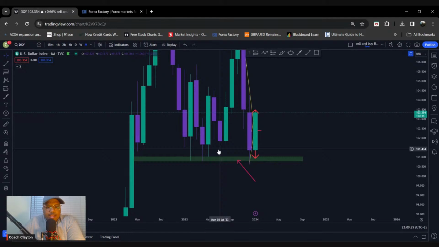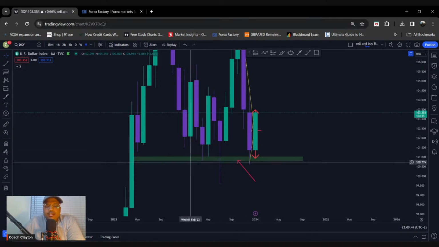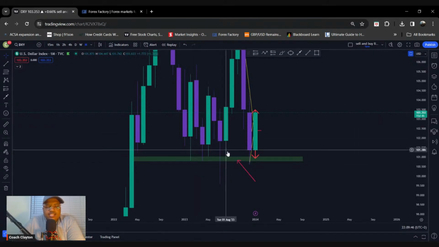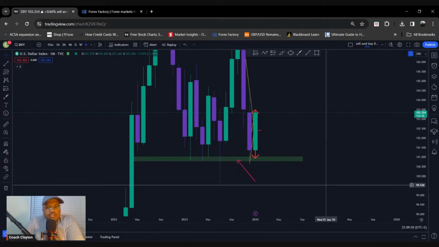If you back-test a bit, last year July, May, April, March as well, and then February, we have price action testing this area of demand zone on a monthly time frame.